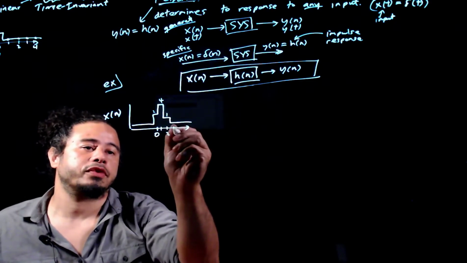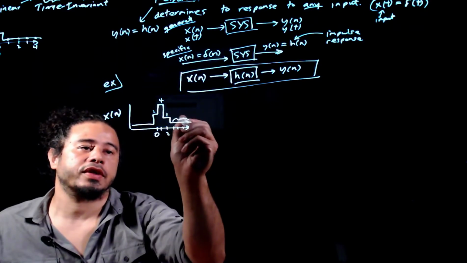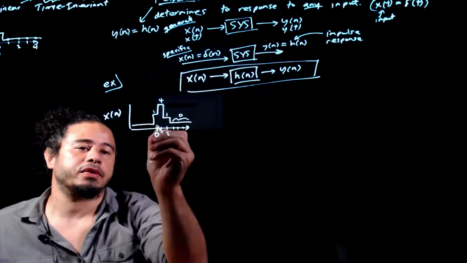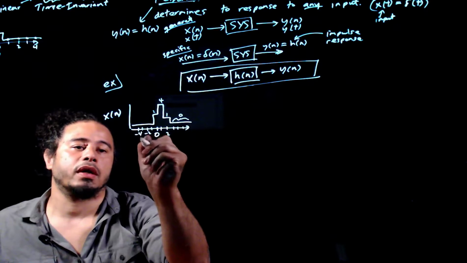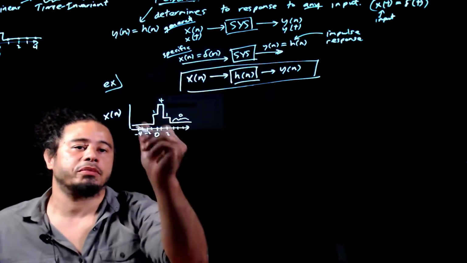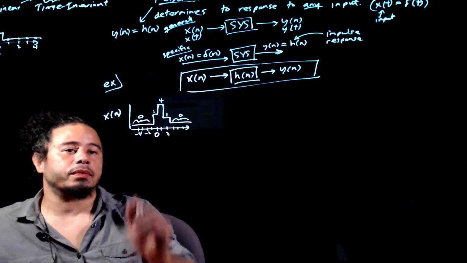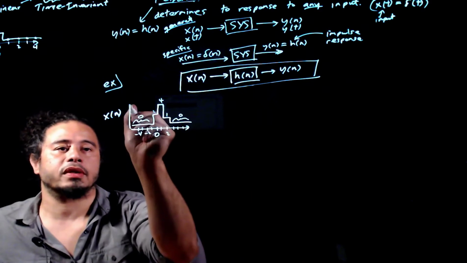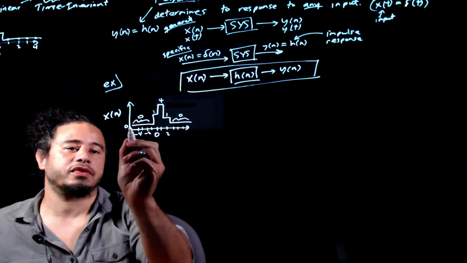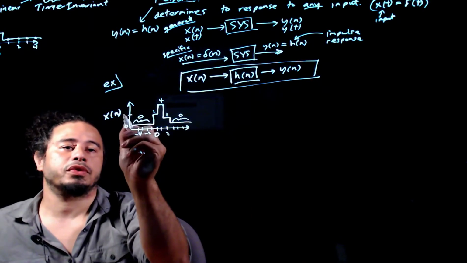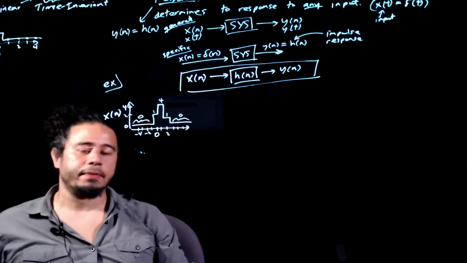Okay, and then at times 3, 4, 5, etc., the value of this function is going to be 0. Okay, and similarly at time -1, -2, -3, -4, etc., the value is also going to be 0. Okay, and so if we want to be really clear about diagramming this, x of n has a value of 0 here, a value of 2, and up here a value of 4. Okay, all right.